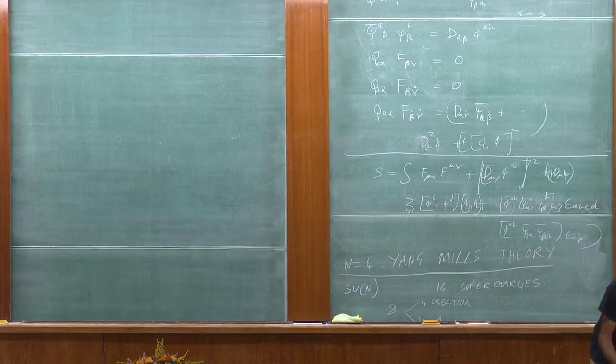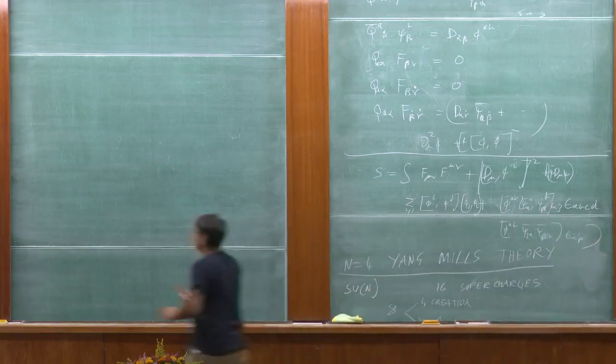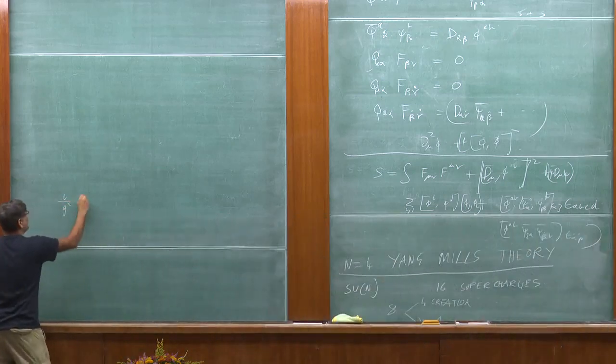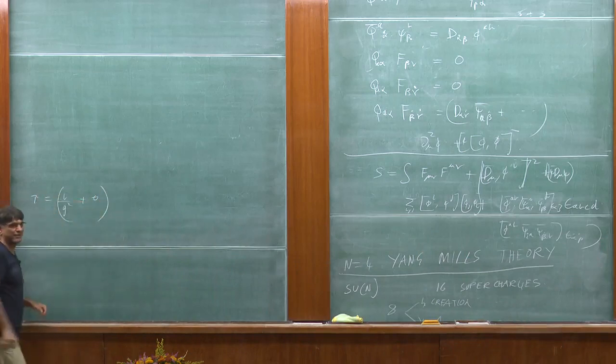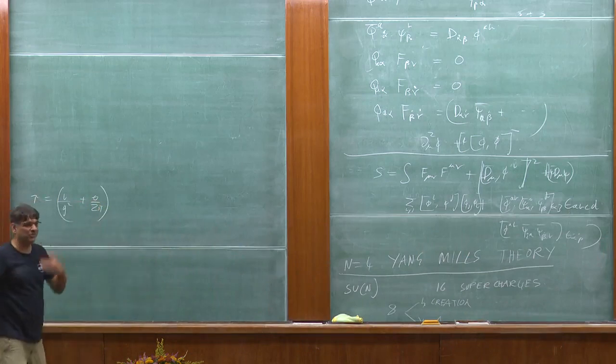Tau is the same thing, it always is: 4 pi i by g squared plus theta by 2 pi, because tau goes to tau plus 1.